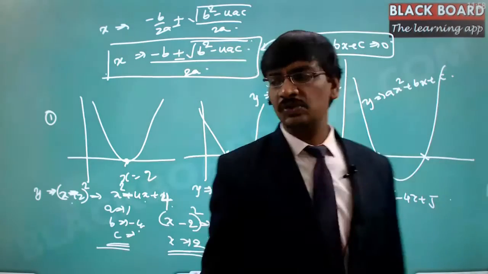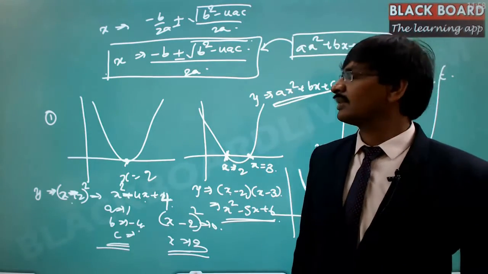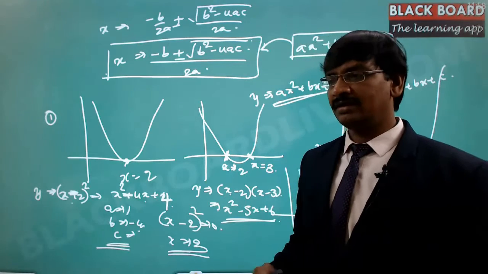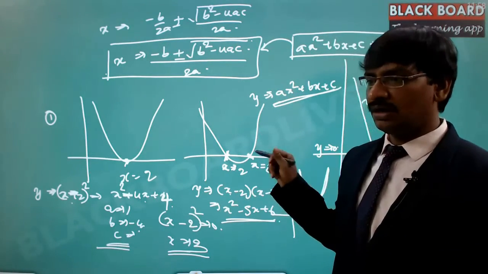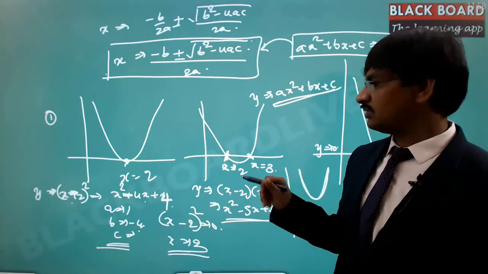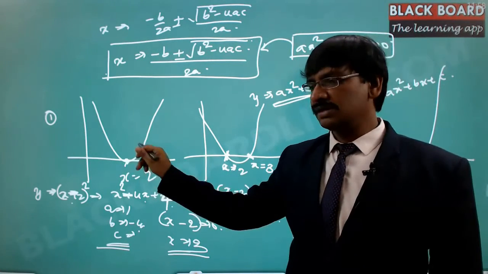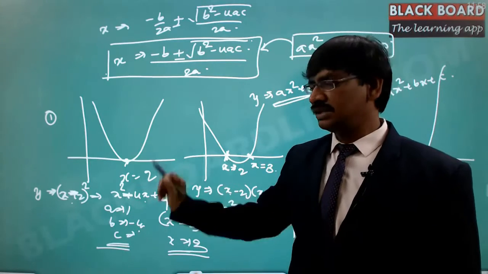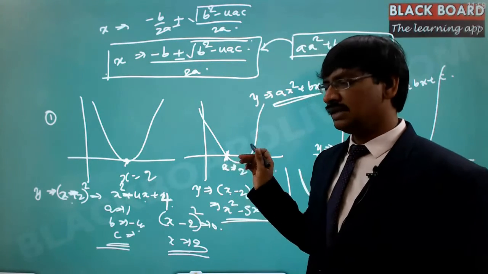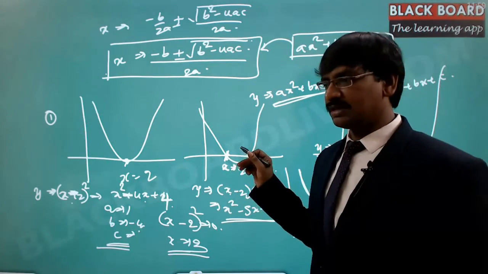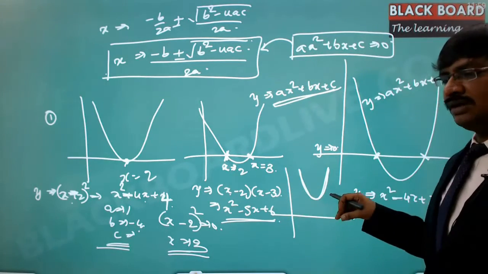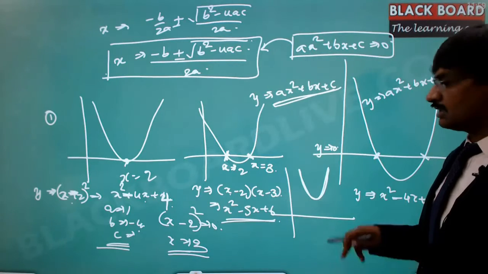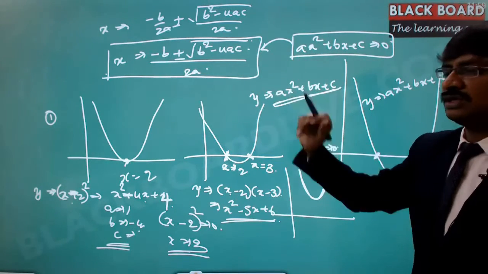The meaning of the solution is that the locations where the curve crosses the x-axis, we call those the solutions. Here, in this particular case, there is a place where it is just touching and going. In this case, there are two places where it is crossing the curve and going. And here there is no possibility of crossing the line itself. But still we are saying that there are two solutions that exist here.